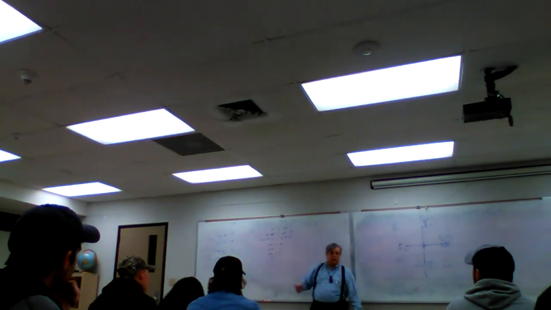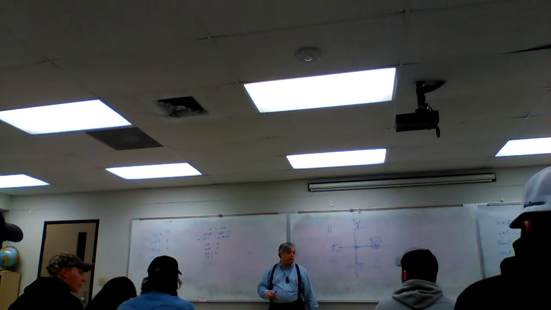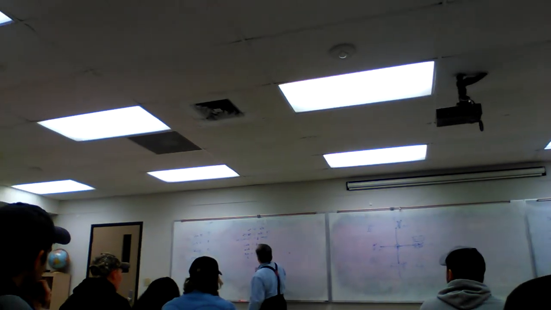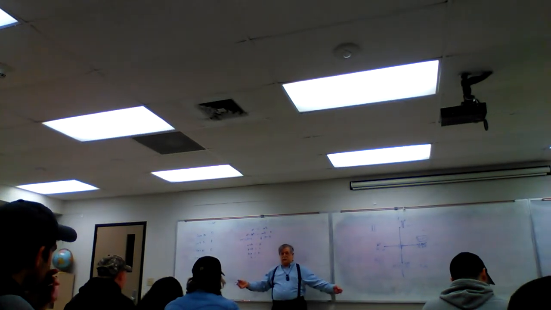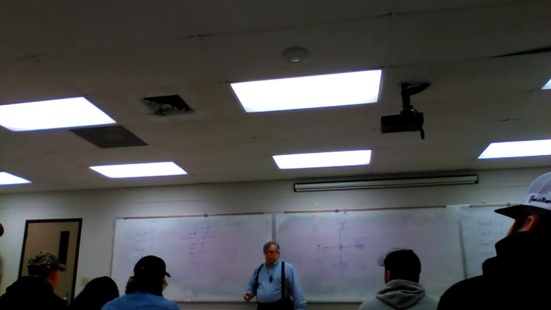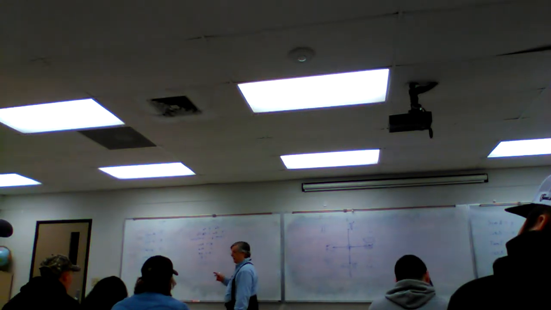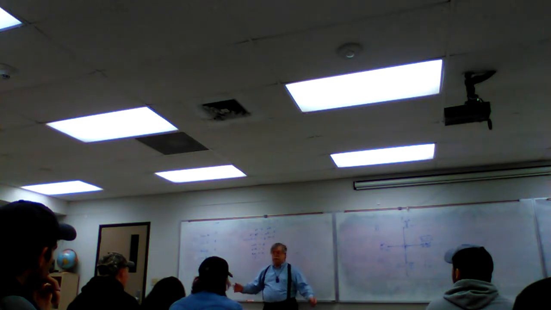No. If A and B are equal, then A times A is equal to A times B. Nope. B plus B, A plus B. If A and B are equal, then A plus B is equal to B plus B. But if A and B are equal, what is A minus B? 0.